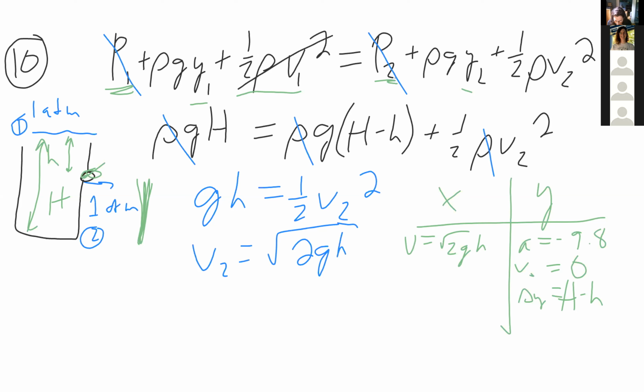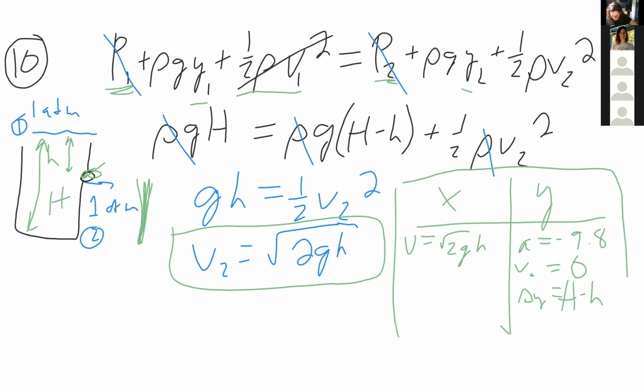And in order to do that, I need to do a little bit more of the kinematics here. I'm going to do this on the next page, but keep in mind we have this equation that ultimately led to this stuff. And so for my x equation, I'll have delta x is equal to this velocity times time. So delta x is equal to root 2 g little h times time.